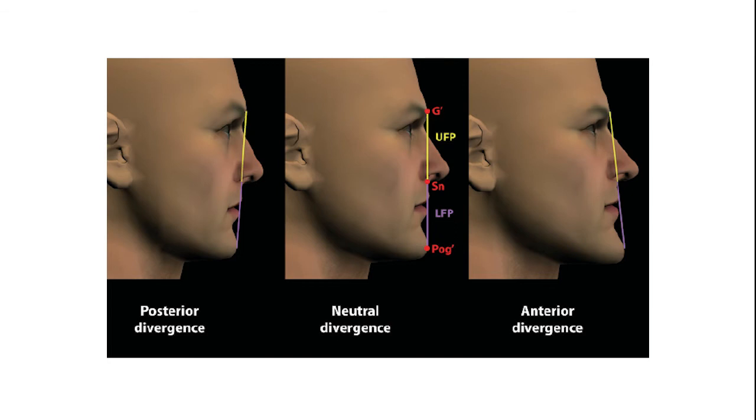Anthropometric data from North American Caucasian males and females with untreated class 1 dental occlusion, describing normal facial divergence and a range of variability, has been published. Mean values of the facial divergence are negative, with the face being slightly posteriorly divergent.